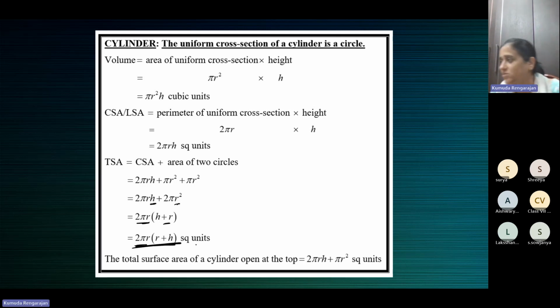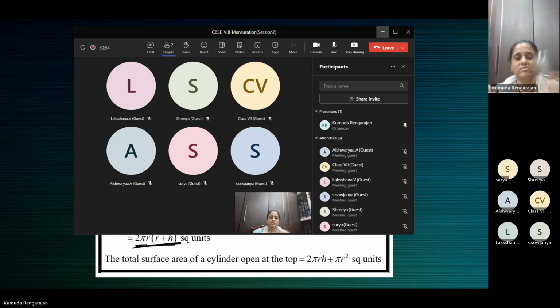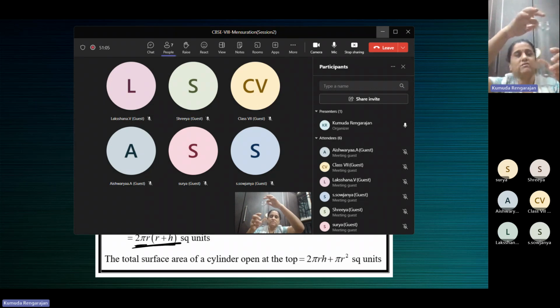Now, supposing the cylinder is open at the top. I've just removed the lid of the cylinder. Now there's no material here.